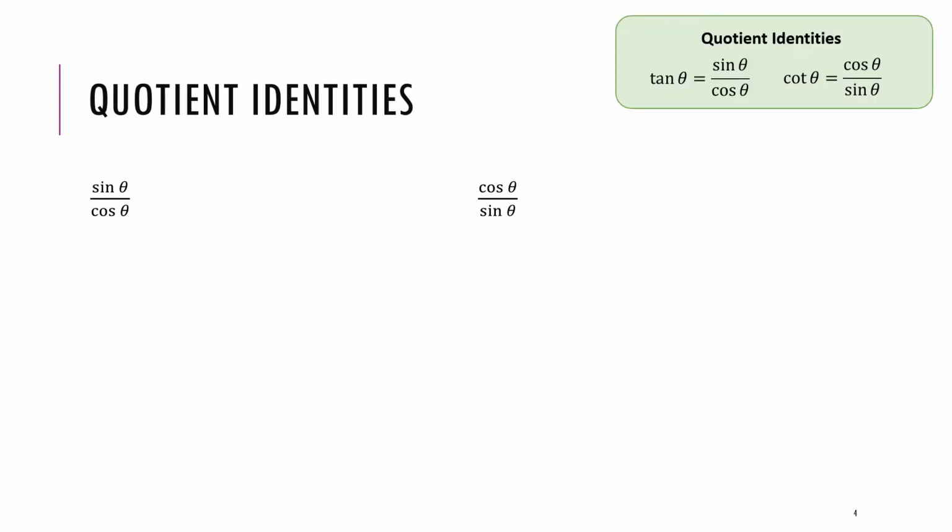The quotient identities are proved very similarly when we're using our right triangles. So I'm going to rewrite my triangle up here with opposite, adjacent, and hypotenuse. Here sine is opposite over hypotenuse, and cosine is adjacent over hypotenuse.